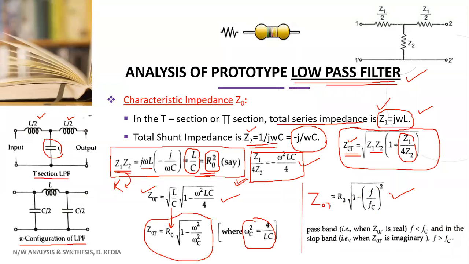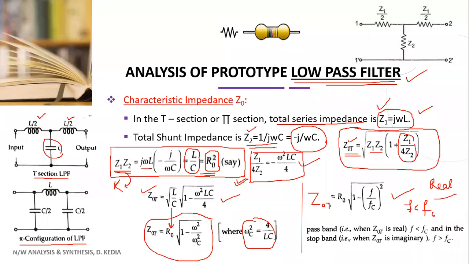So you see here, just by looking at this characteristic impedance expression, we are able to say that this filter is a low pass filter. How? See, I told you that for pass band, your characteristic impedance should be real. For this to be real, the value of F must be less than FC.